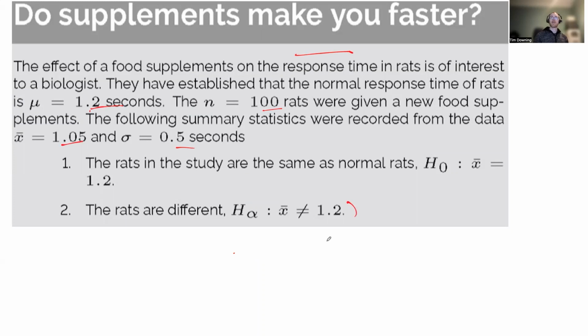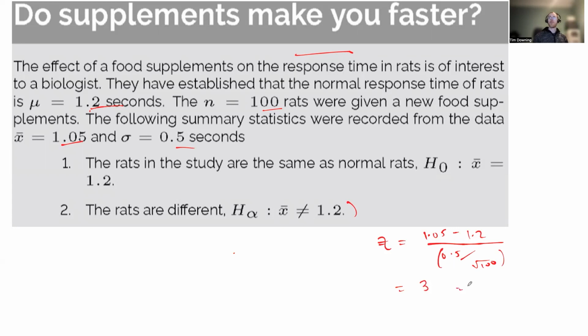So therefore, we can next get the Z statistic. That's going to be equal to 1.05 minus 1.2 over our expanded denominator of 0.05 divided by root 100. And then we can work out that that's going to be approximately -3.